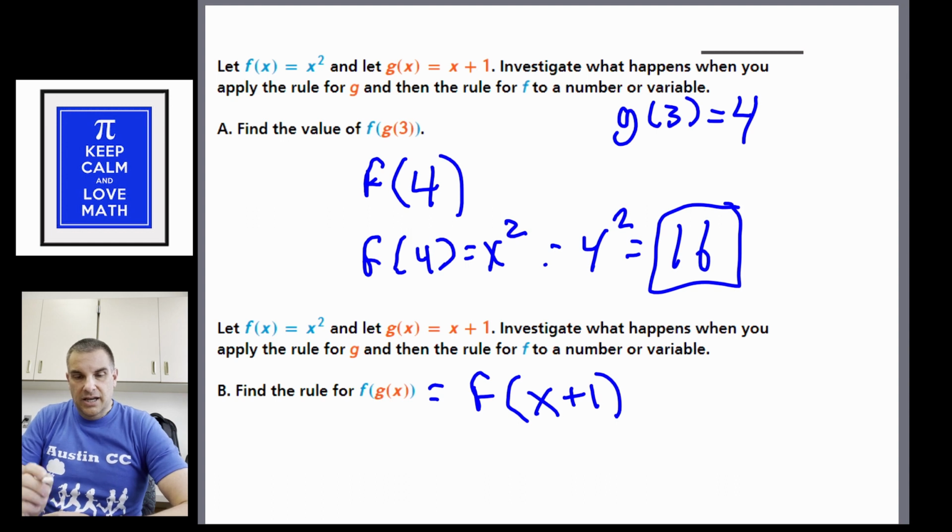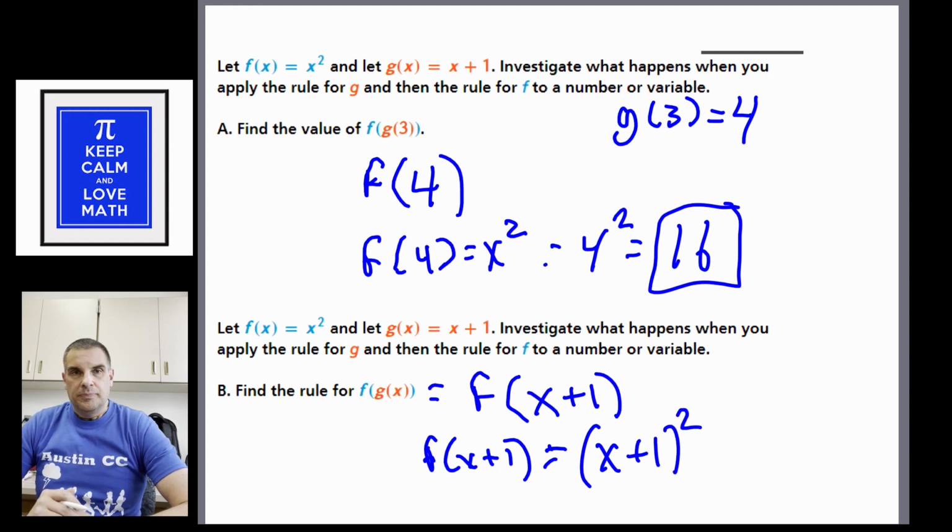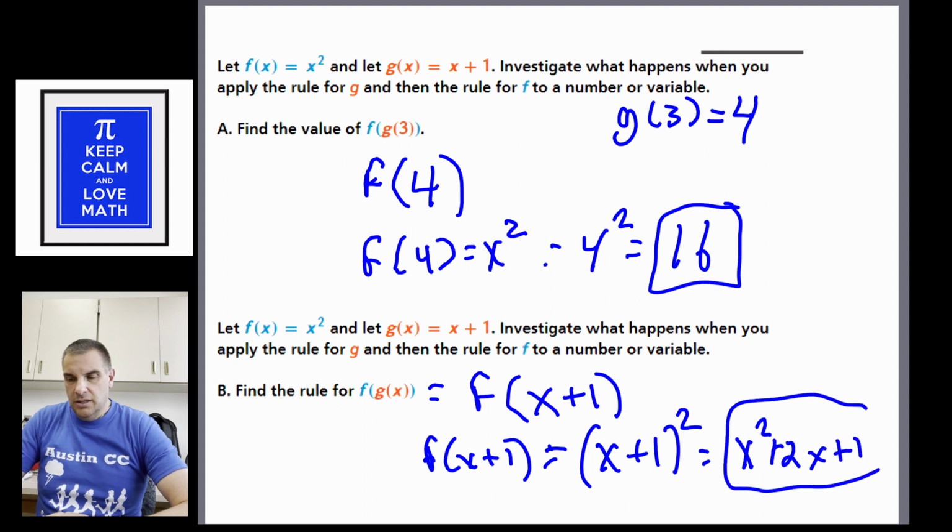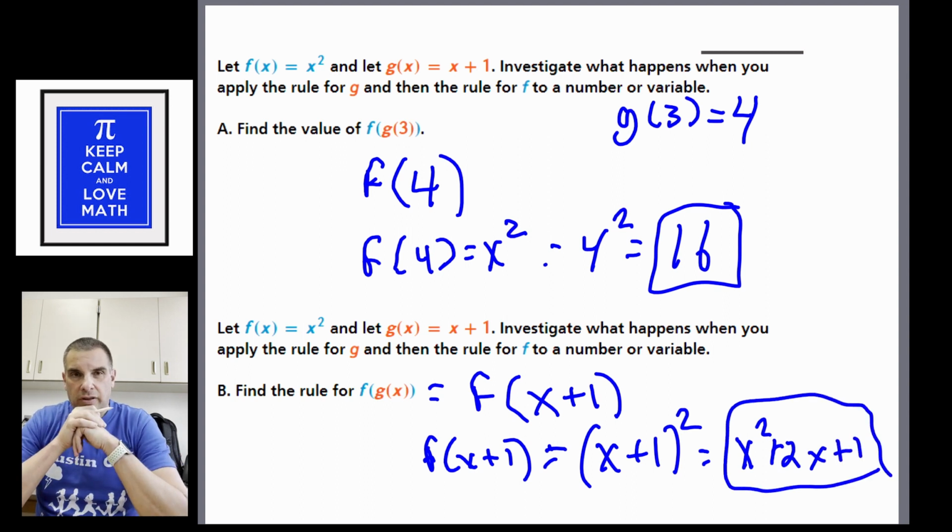So f of x is equal to x squared, so f of x plus 1 is going to be x plus 1 squared. You could FOIL that out and get x squared plus 2x plus 1. Same thing, we get the same solution for that problem.